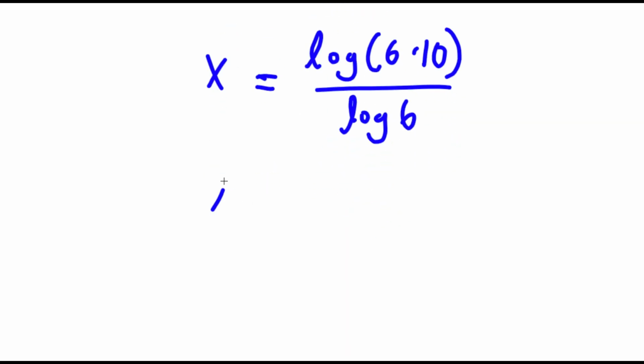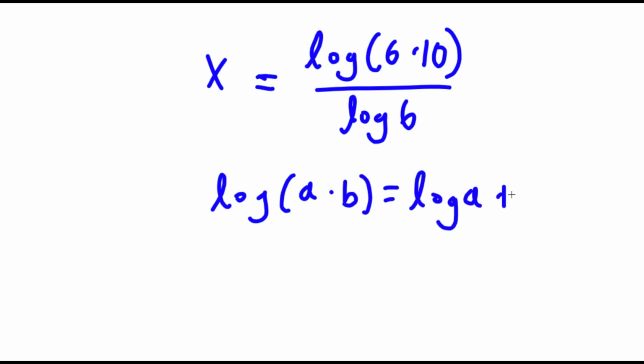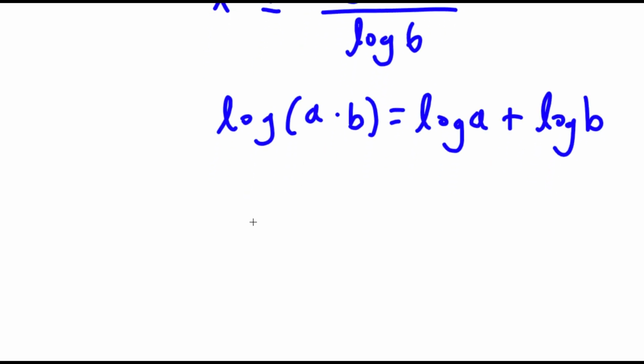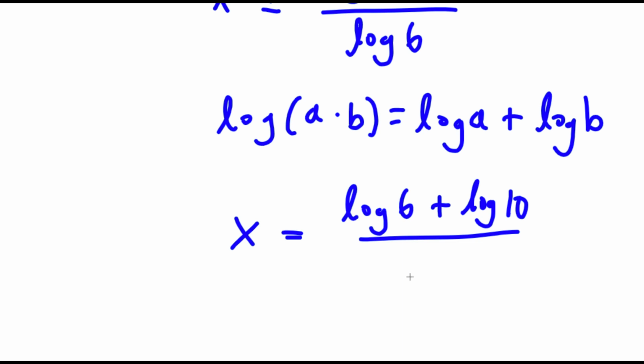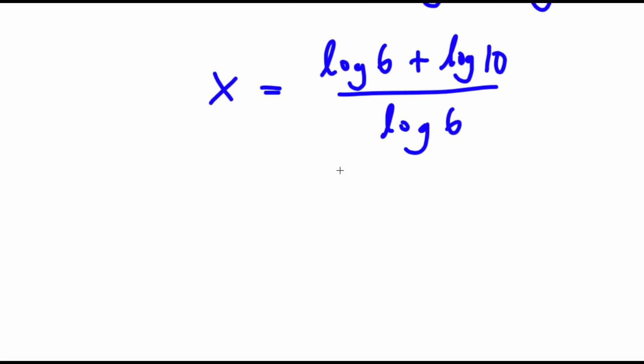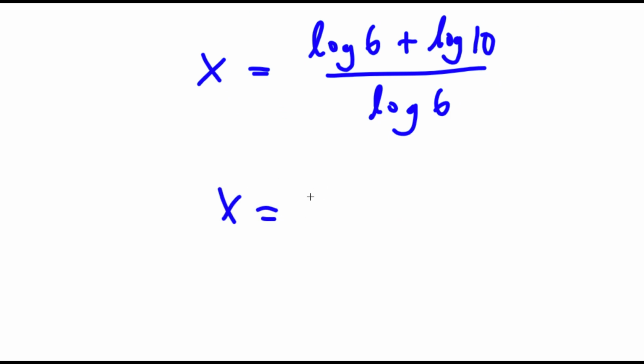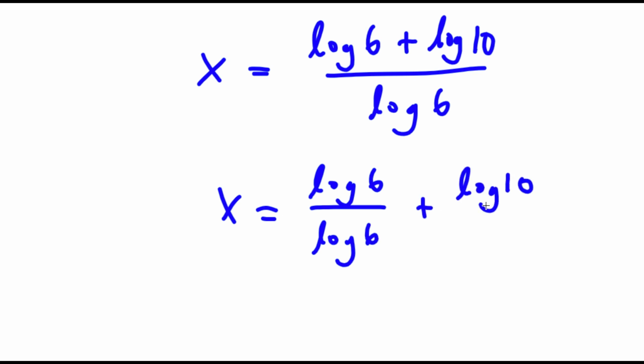So if I have something in the form of log of a times b, this is equal to log a plus log b. So log 6 times 10, that's going to equal log 6 plus log 10. And now I have this over log 6. Now this is the same thing as log 6 over log 6 plus log 10 over log 6.